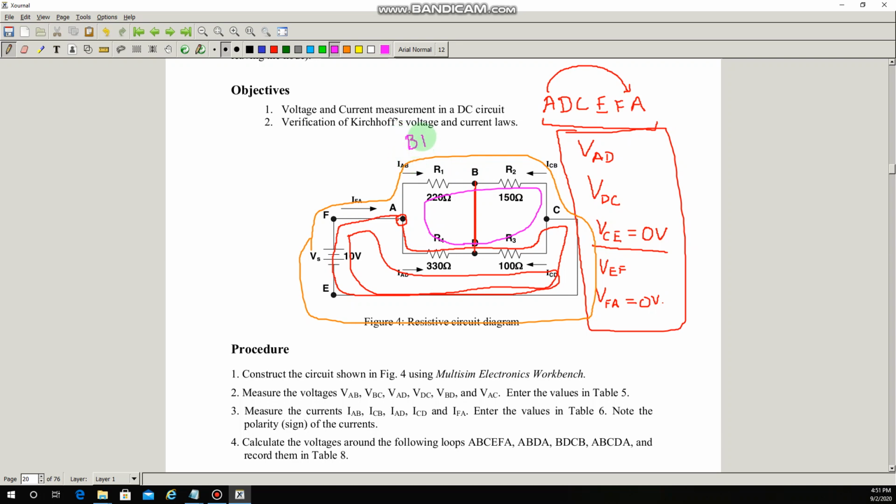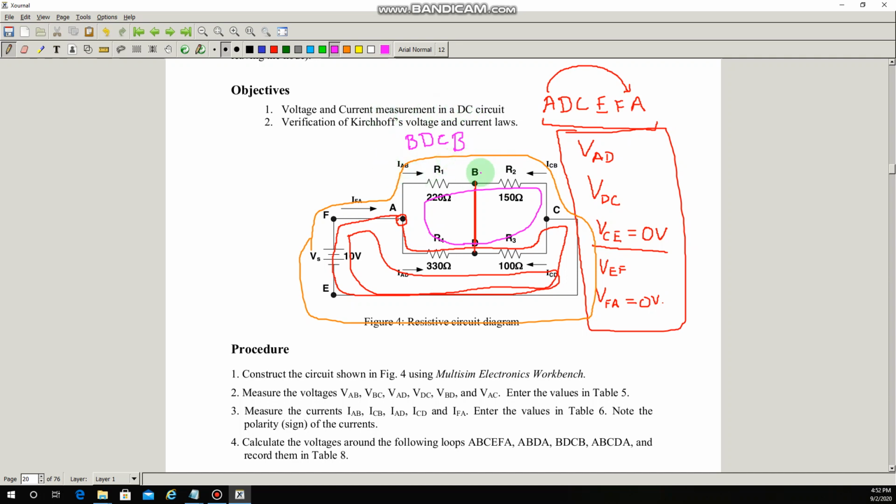It means that if I start from node B and come back to node B, first going to D, then to C, and then back to B, and I measure the voltages VBD, VDC, and VCB and add them, then according to KVL it should be equal to 0.